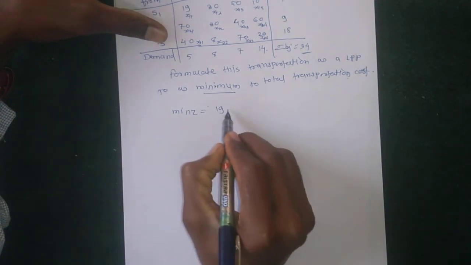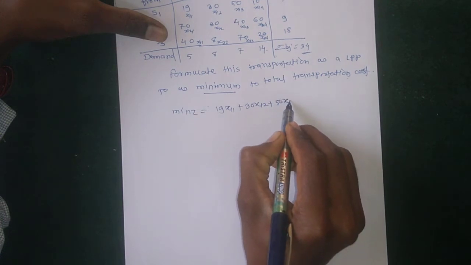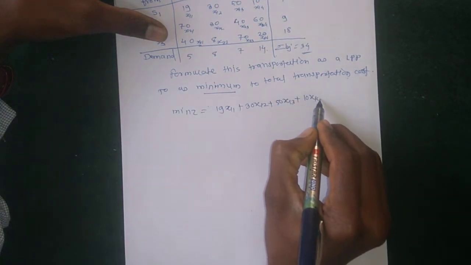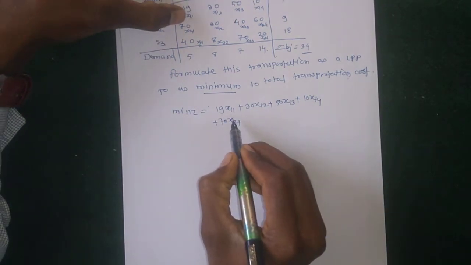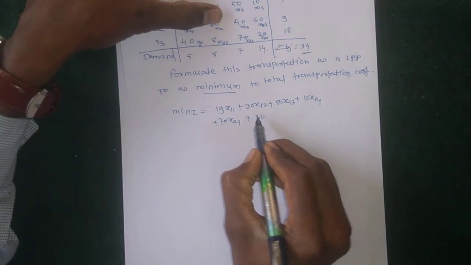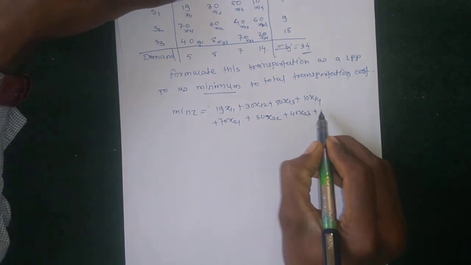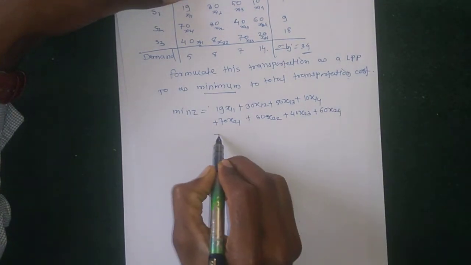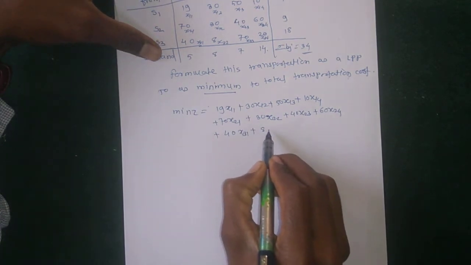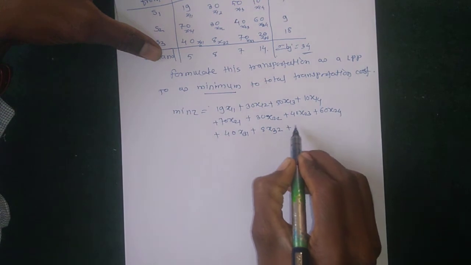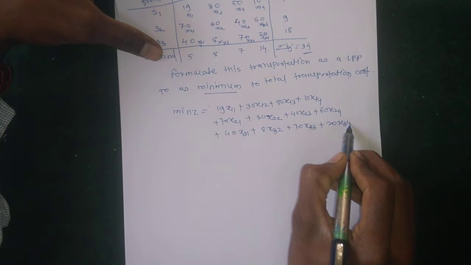So minimum z is equal to 19x11 plus 30x12 plus 50x13 plus 10x14 plus 70x21 plus 30x22 plus 40x23 plus 60x24, then plus 40x31 plus 8x32 plus 70x33 plus 20x34.